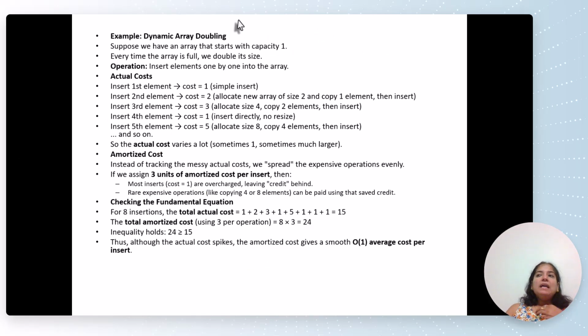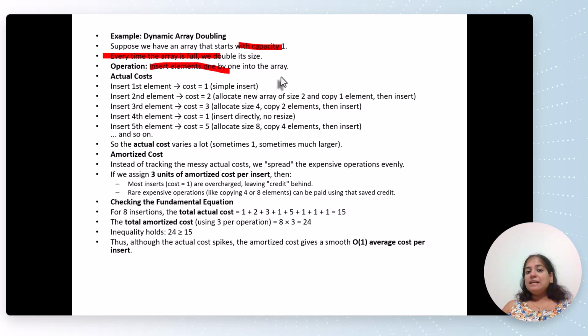For example, suppose we have an array and we are doubling its size at runtime. If the array fills, we double its size and copy all the elements. Suppose the array starts with capacity 1, and every time the array is full, we double its size. The operation is to insert elements one by one.